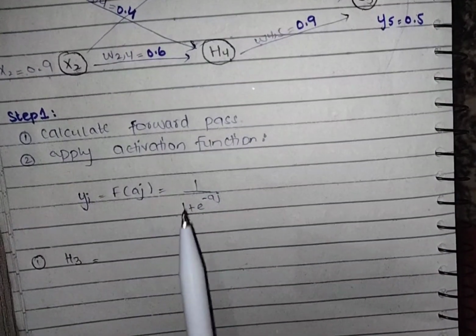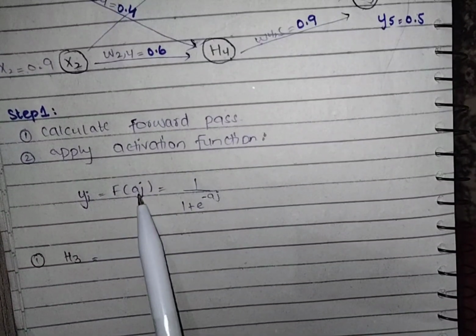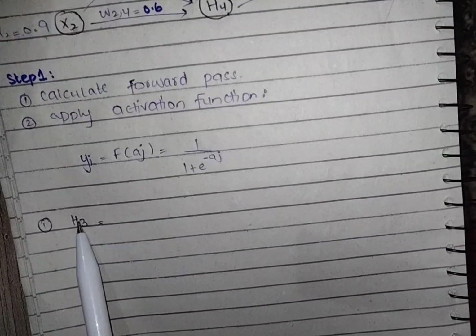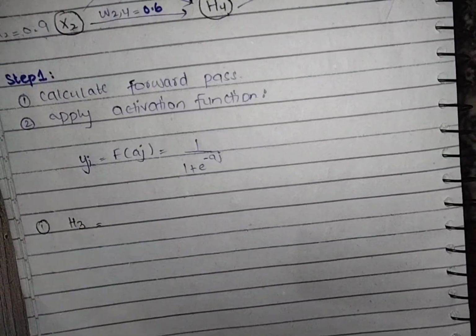To find the forward pass, we will first calculate the weighted sum and then apply an activation function, which is given by yi = f(aj) = 1 over 1 plus e to the power minus aj. This is a very simple question for the forward pass, but for the backward pass, it is quite confusing. Why do we find the forward pass of h3?